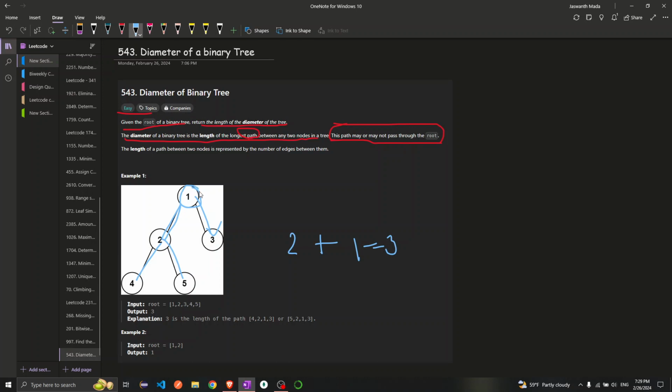So at this point, for 1, I have the diameter as 3. For 2, I have diameter as 2. For 4, the height of left subtree is 0 and the height of right subtree is 0. So 0 plus 0 is 0. So the diameter from 4 is 0. And the diameter from 5 is also 0 because there is no left or right subtree. And the diameter from 3 is also 0, right? So what's the maximum value? 3. So our answer is 3.